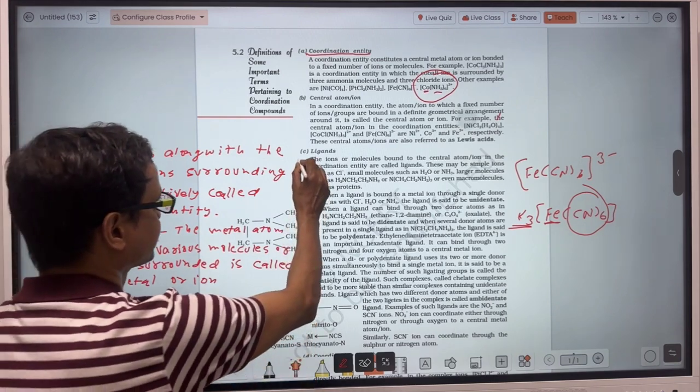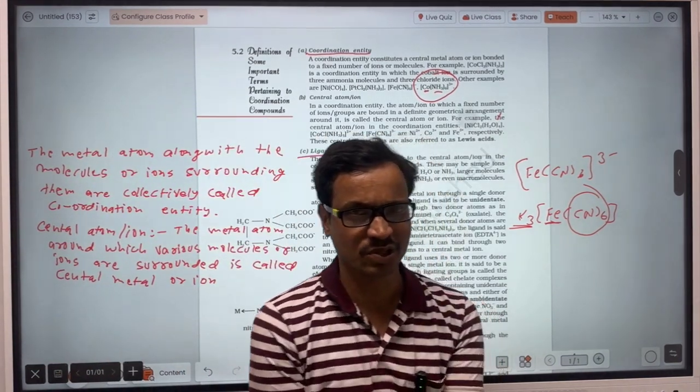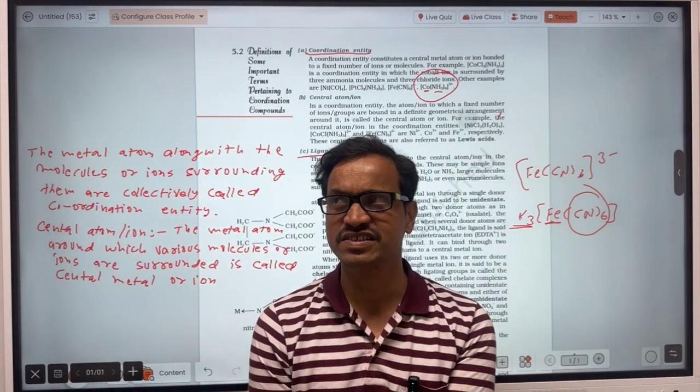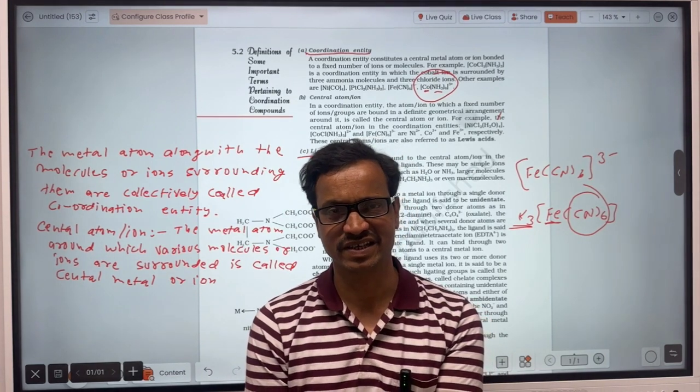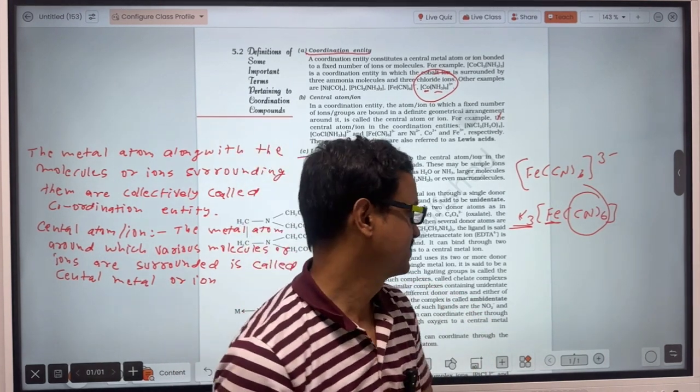Now ligands. Ligands are the molecules or ions which surround the central metal atom. So very simple.